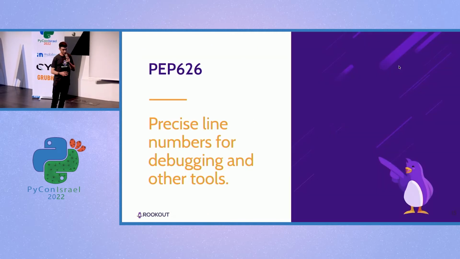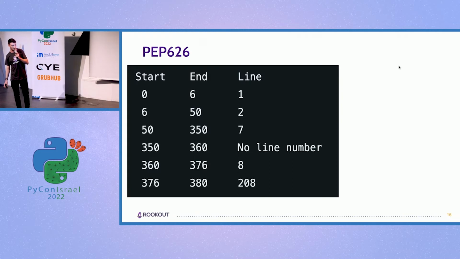So they introduced PEP 626. PEP is a Python enhancement proposal, and this one talks about precise line numbers for debugging and other tools. And actually, it introduced just a new table. The table looks familiar. This time we're talking about bytecode offset ranges. So we have a start and end for each bytecode and the line that refers to it.